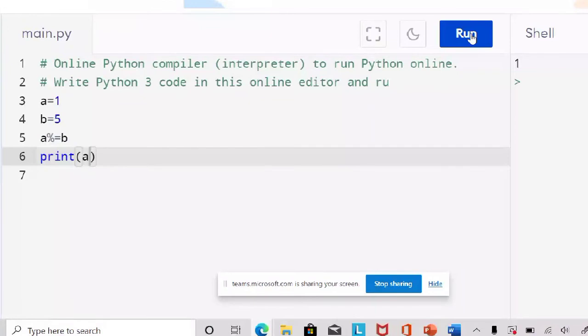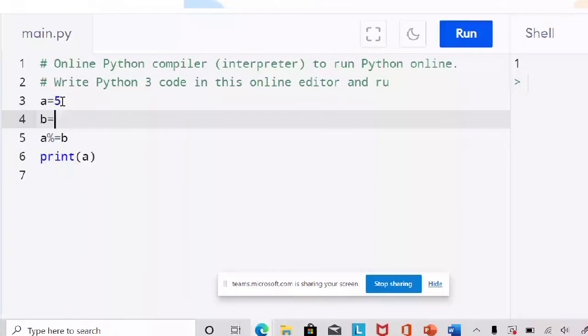Okay, so I'm just changing the values. I'm taking A as 5 now and B as 1 now. Can you guess the answer for this? 5 mod 1. What's the remainder? Zero. Okay, I got an answer from 2 students only. What about the rest of the people?